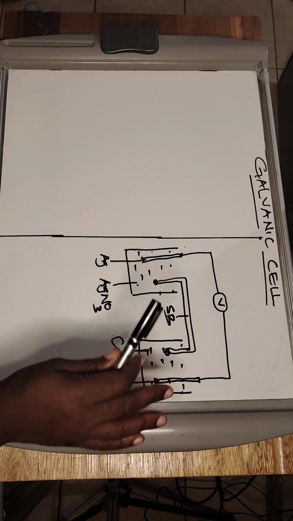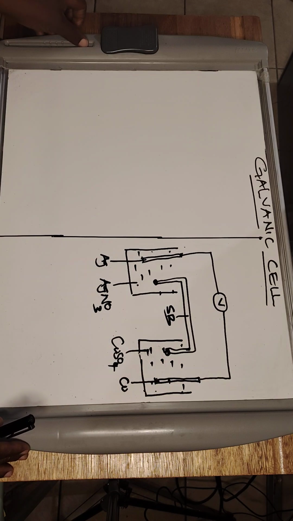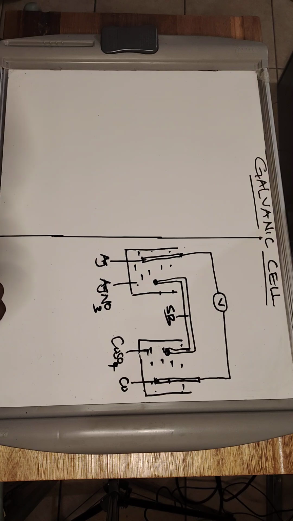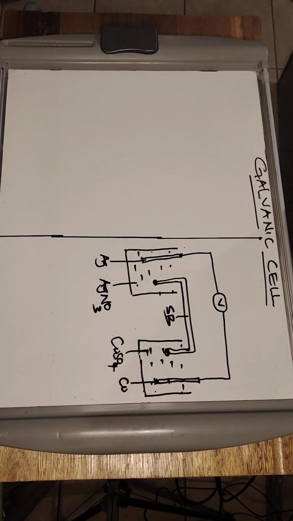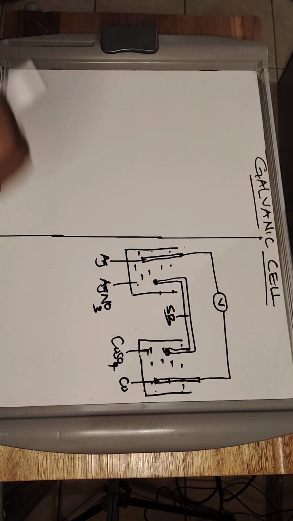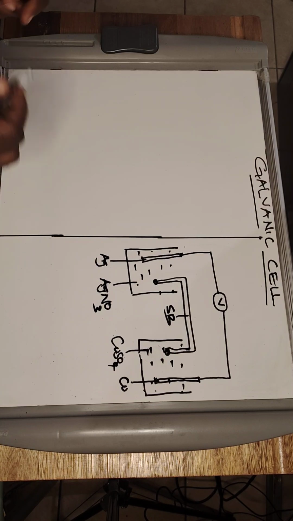This cell is normally doable. It's not as stubborn as electrolytic, and we think we are going to appreciate it. The first step for galvanic is identification of the polarity of the electrodes.